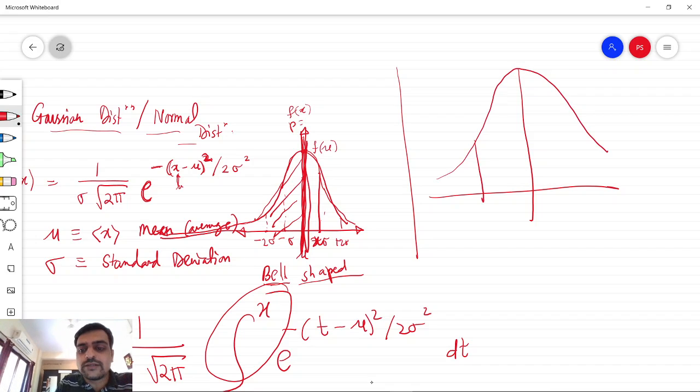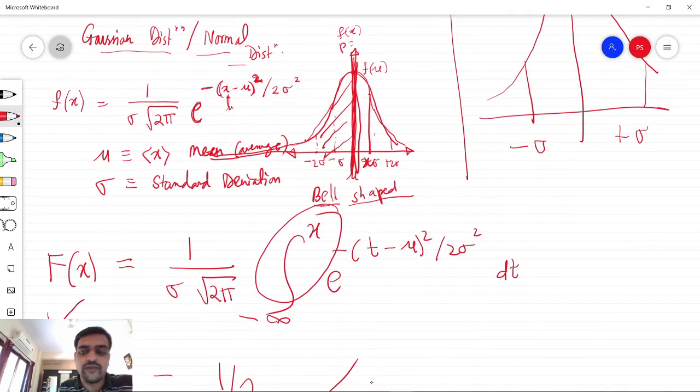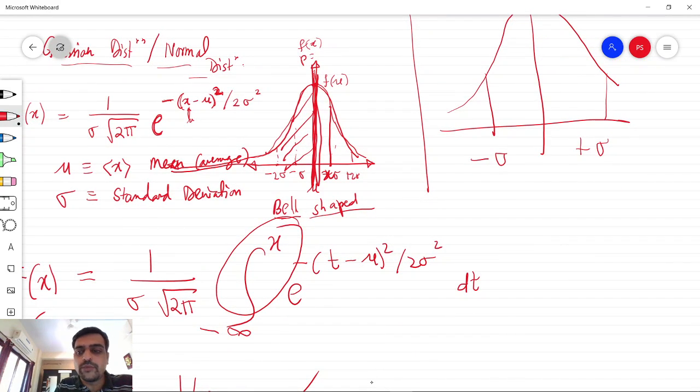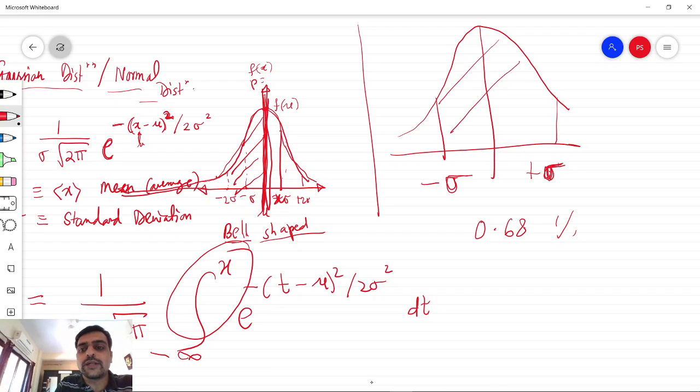So if somebody asks what is the area from minus sigma to plus sigma, that can be found by integrating f of x from minus sigma to plus sigma, and that covers 68% of the area. That is, the probability corresponding to the region from minus sigma to plus sigma gives 68% of the total area.